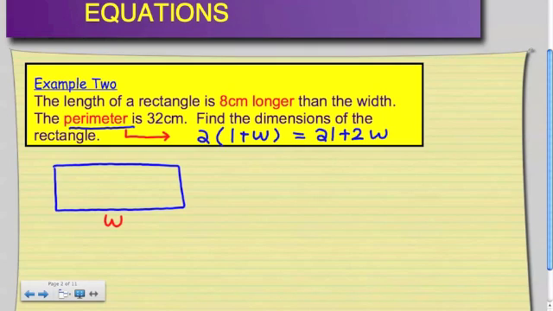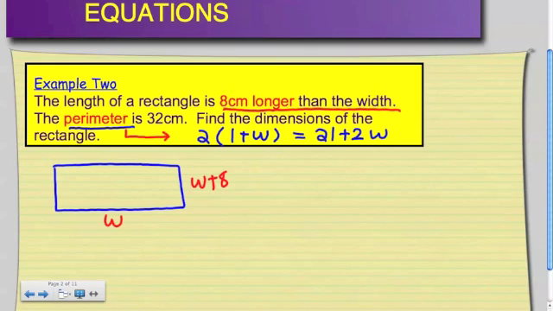Okay, so if we don't know what the width is, I've represented the width with the letter W. Now, how can I represent the length of the rectangle? Abhinav? L, but what do we know about it from the word problem? It's not 8 centimeters, it's 8 centimeters longer than the width, right? So we can express L as what? Yes, W plus 8.